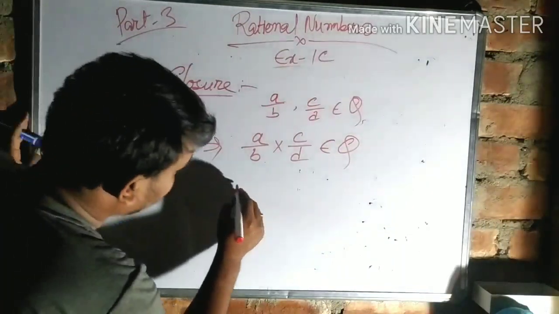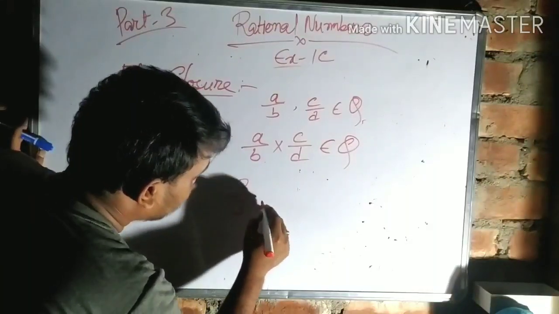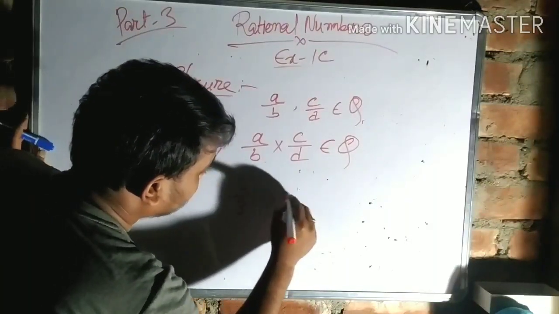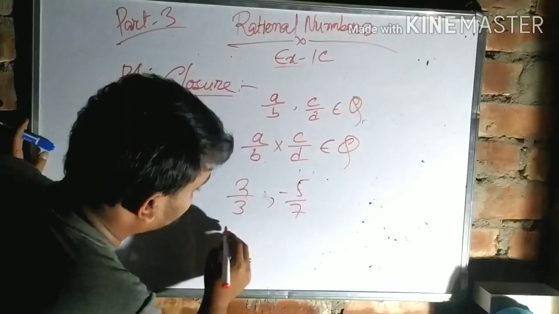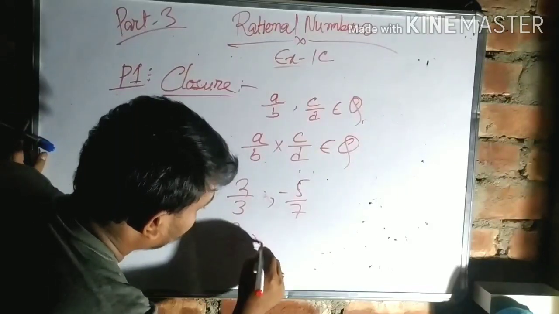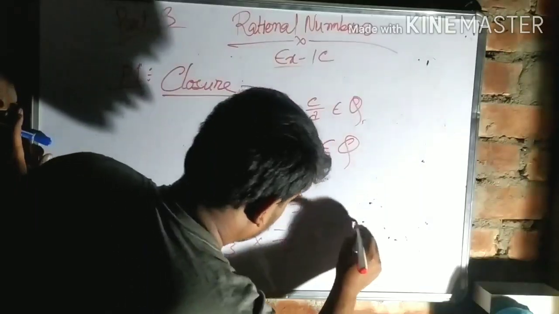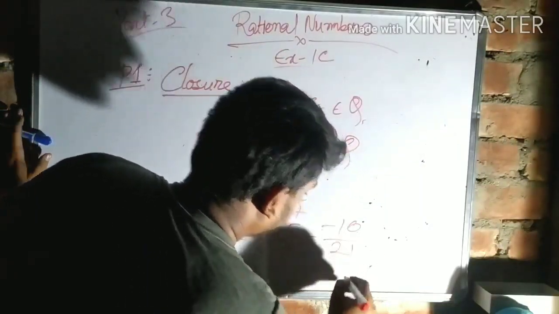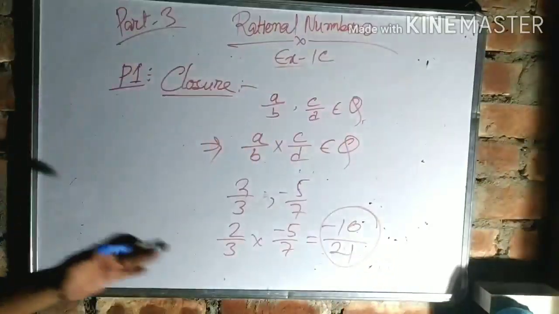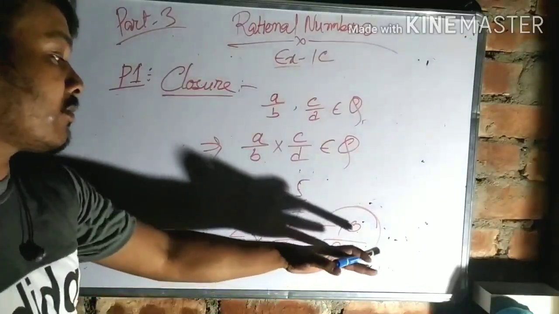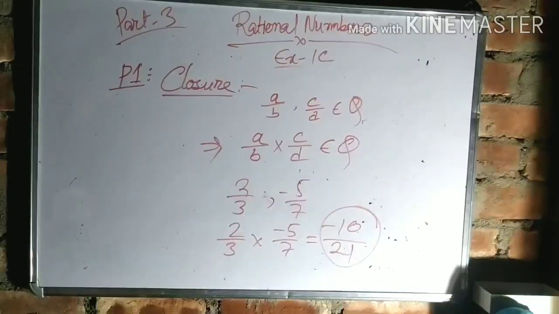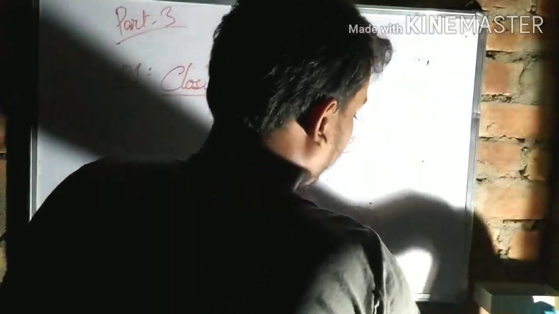For example, 2 by 3 into minus 5 by 7, what is the result? Minus 10 by 21, which is also a rational number. So it is closure. This is the first property, closure property.